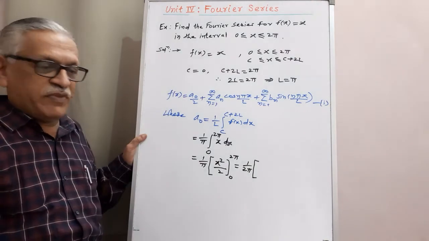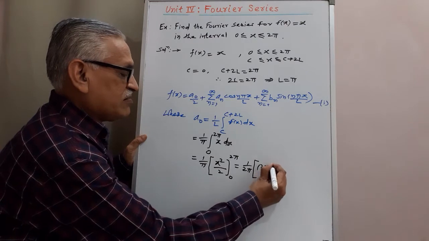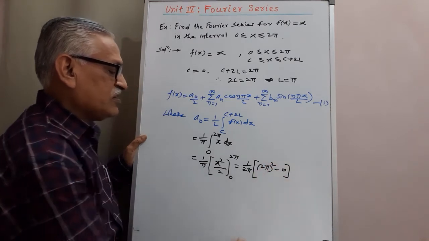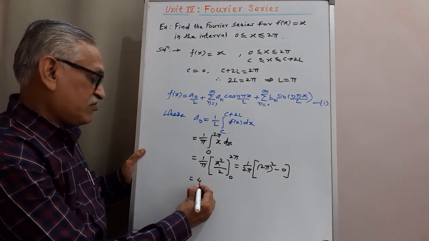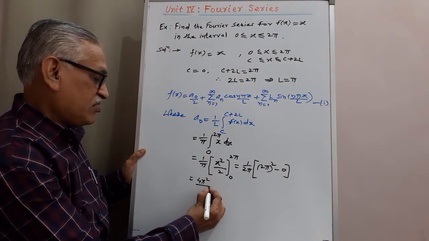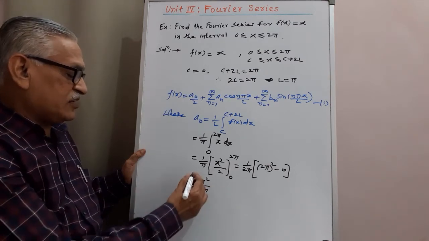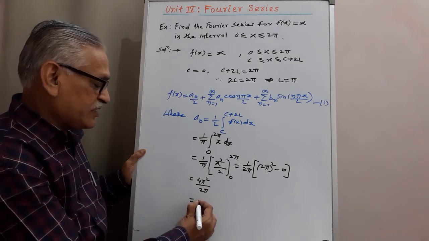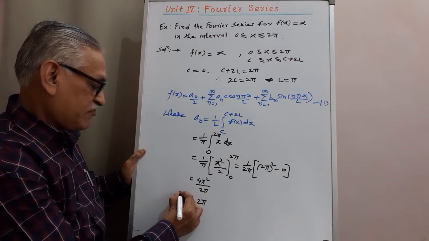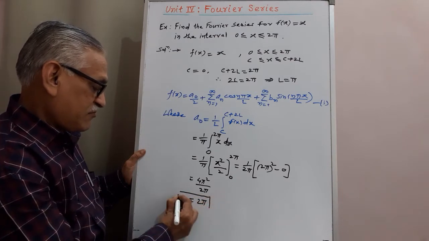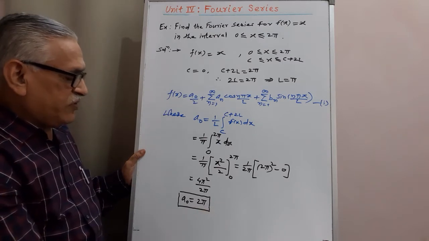Upper limit minus lower limit: the upper limit is 2 pi, so its square, lower limit is 0. Simplifying, it is 4 pi square divided by 2 pi, the 2 cancels, one pi cancels, and we get the value 2 pi. We call this equation 2.